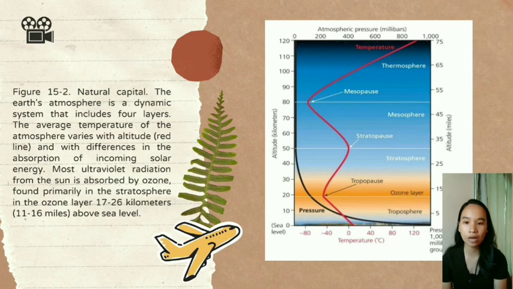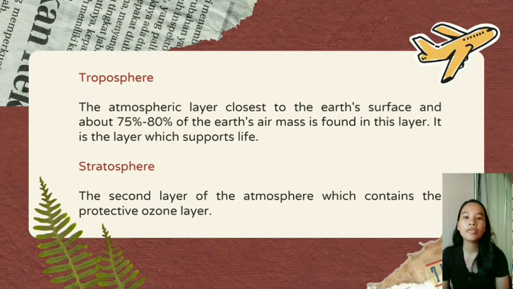But as of now, let us just focus on the 2 innermost layers of the atmosphere, which are the troposphere and the stratosphere. The troposphere is the atmospheric layer closest to the Earth's surface, and about 75% to 80% of the Earth's air mass is found in this layer.